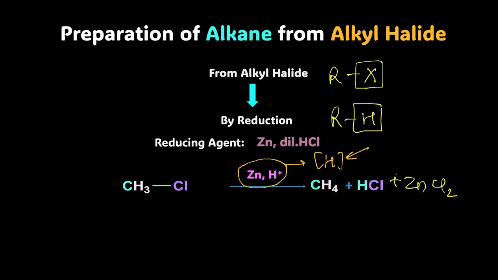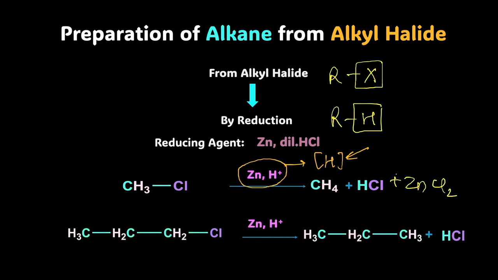Now if I take, let's say, propyl chloride in the presence of zinc and dilute hydrochloric acid, again what we get is a reduced product, that is the removal of chlorine with hydrogen giving us propane, right? Now my question is, what if we replace this chlorine with fluorine? In that case, if we add zinc and dilute hydrochloric acid, are we still going to get alkane?